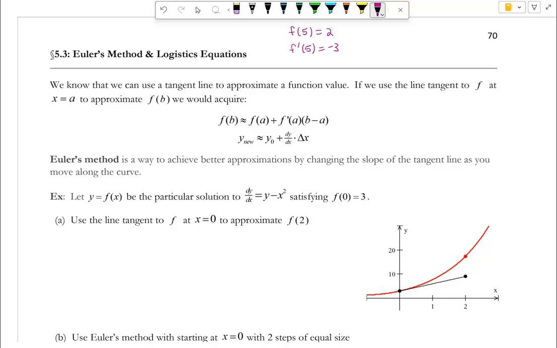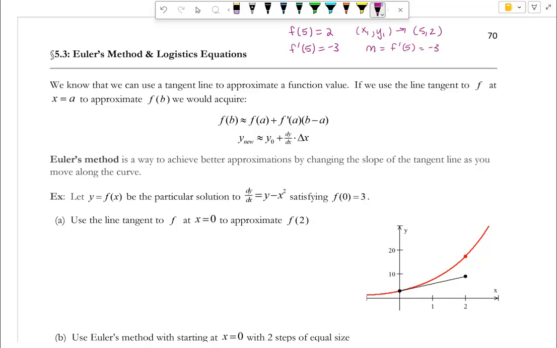If I were asked to write the equation for the tangent line of this curve, and I don't know anything else about it, but when x equals 5, I would need my point of tangency, so that's my 5, 2, and I would need my slope. That's my derivative evaluated at x equals 2, which is negative 3.